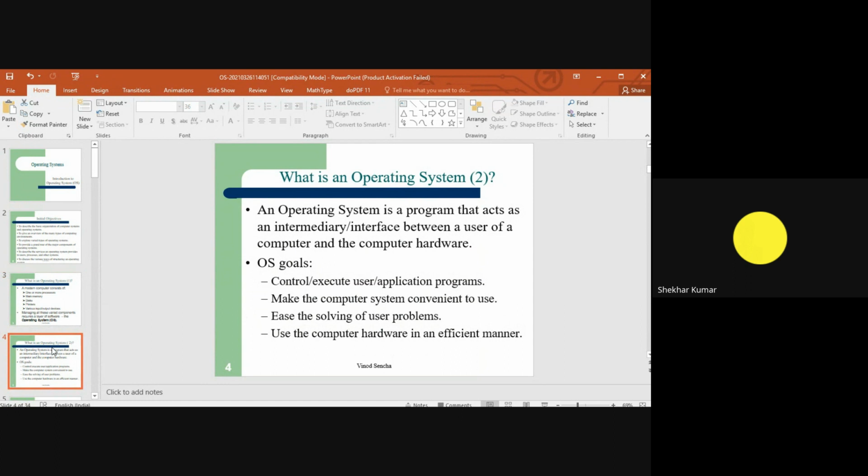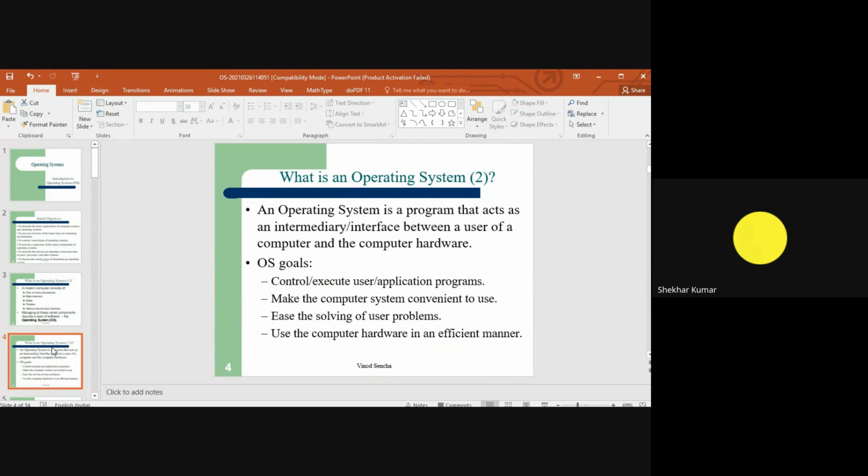So, operating system is a program that acts as an interface between a user, a computer, and hardware. And the main goal of the operating system is ease of use. It means for the user, it should be easy to work with the computer system.